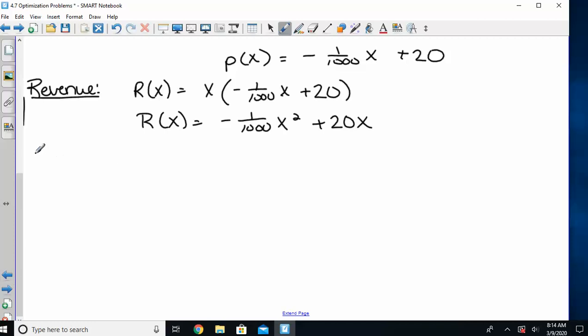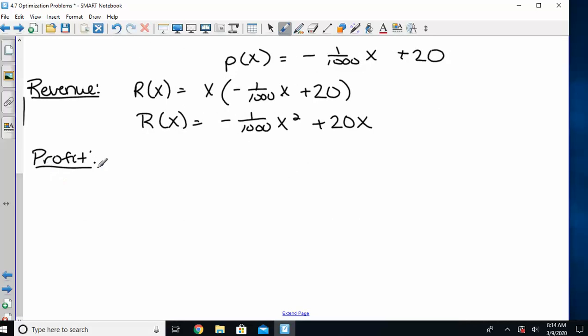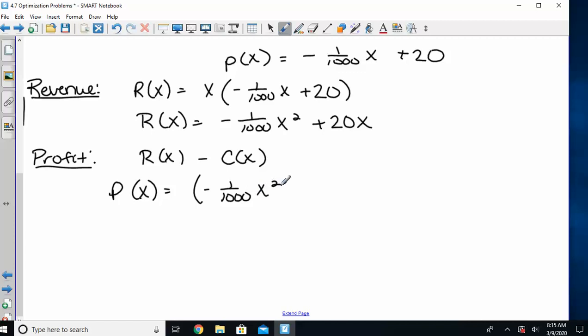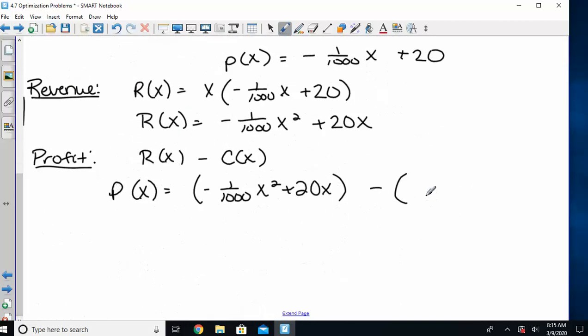So now we can do profit. Profit is the amount of money you bring in, which is your revenue, minus the amount of money going out, which is your cost. So my revenue, negative 1 over 1,000x squared plus 20x, minus my cost, which was 8x plus 10,000.